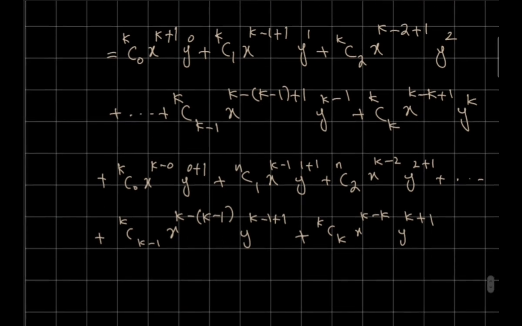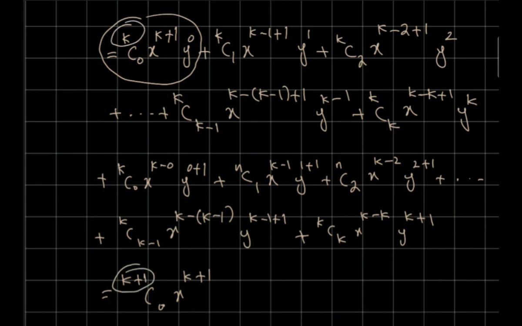So these are the total terms. This is the same as, you can write this term k plus 1C0 x to the k plus 1. Why am I writing k plus 1 instead of k? Because I have to prove it for n is equal to k plus 1. And why are they the same?